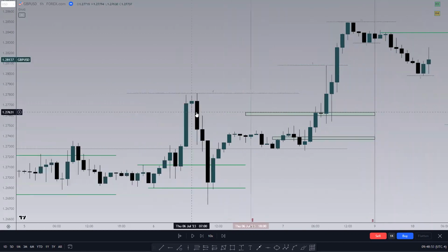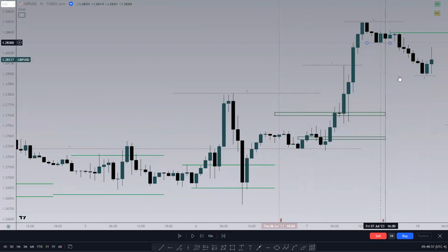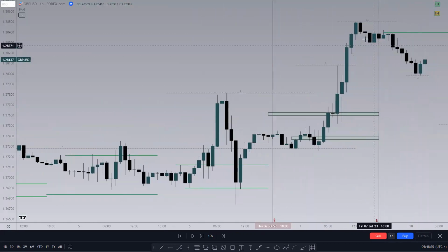So although the intended bias is bearish on the 4-hour, and as we can see is bearish also on the 1-hour time frame, it is important to note that price could give that third expansion. So we're looking to either trade short into that third bearish expansion to the downside, or we're looking to trade long from that third leg, anticipating some sort of a bullish continuation to the upside.